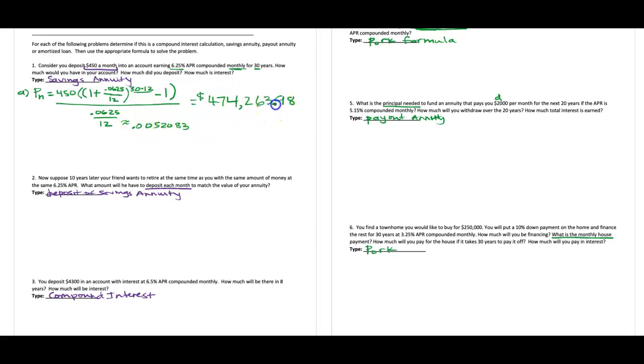And if you're off by a few cents, I'm not gonna mark it wrong. If I can see you have the right idea, you have it set up correctly, and you're just off by a few cents, that just means it was a rounding error by your calculator. So then you would divide all of that in your calculator by 0.005208 and you should get something pretty close to that.